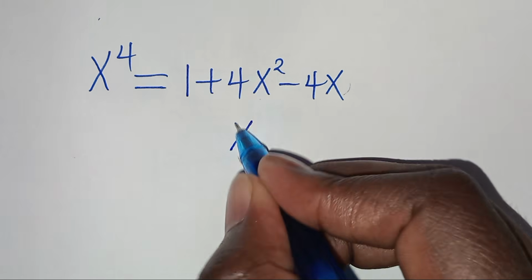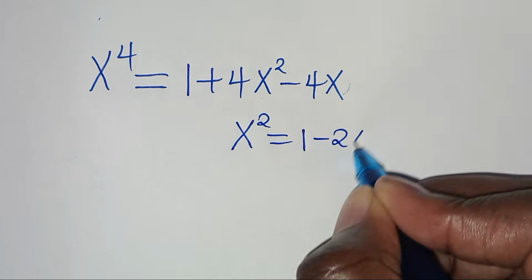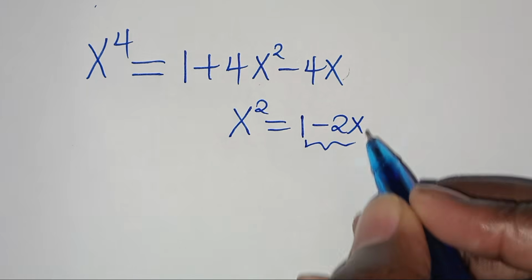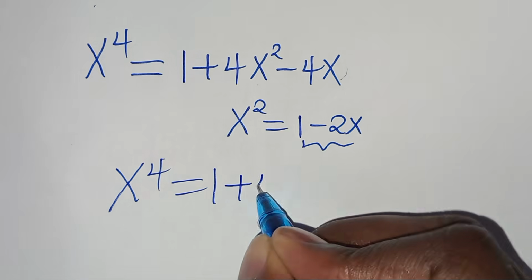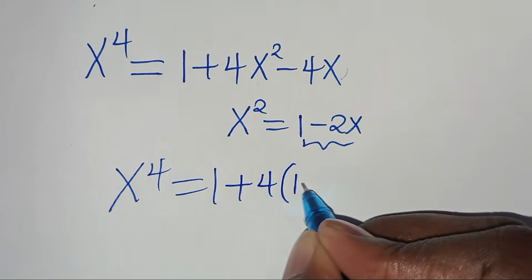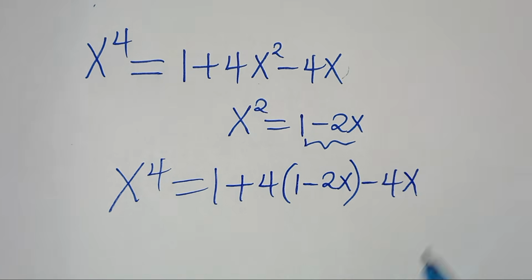Now from equation 2, we have x squared equal to 1 minus 2x. Let's substitute this so that x to the power of 4 is 1 plus 4 multiplied by 1 minus 2x, subtract 4x.